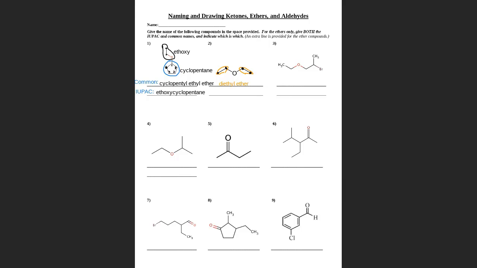And if I have the IUPAC name, then one of these becomes a branch and one of them becomes the main chain. Because these are identical, it doesn't matter which one is the branch and which one is the main chain. So I'm just going to circle in blue the one that I'm going to make the branch.